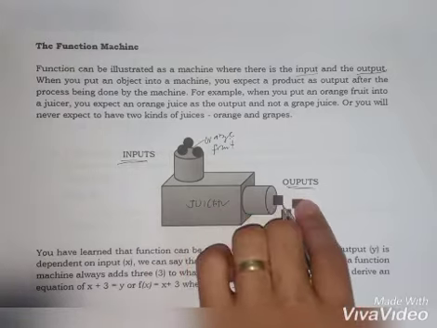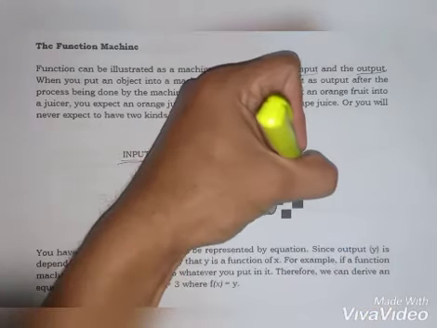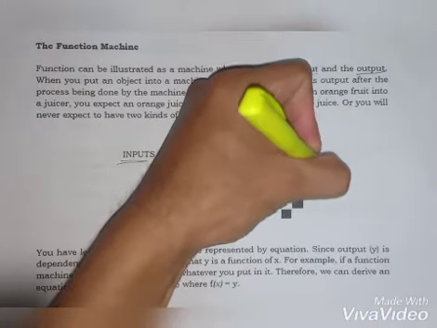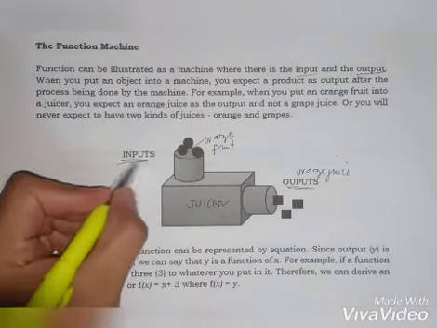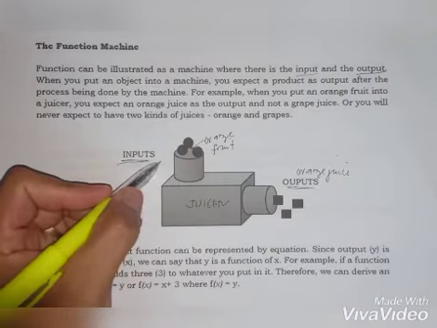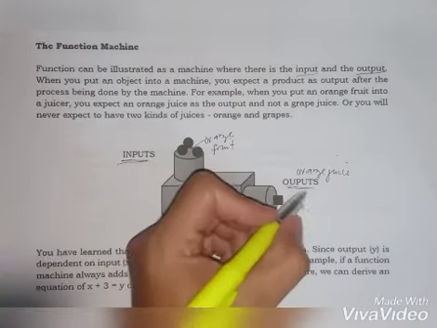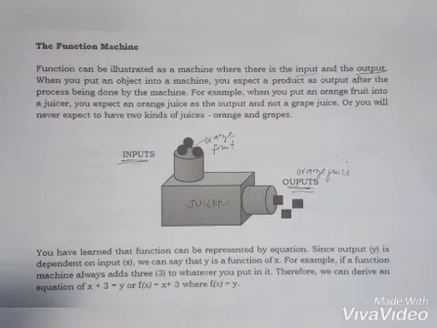And what is the output? Of course, this is orange juice. So I'll repeat, if there is an input, then you put it into a machine and there is an output.